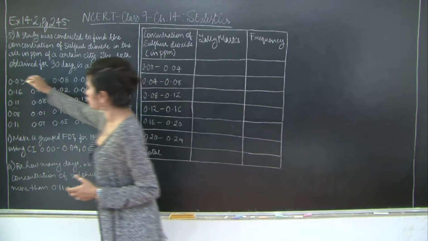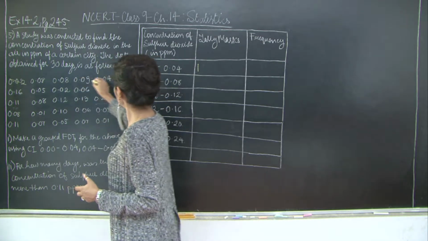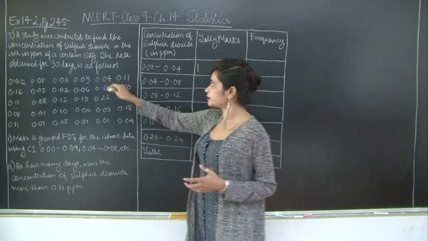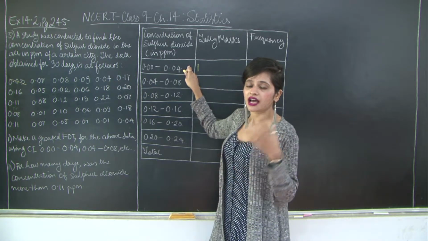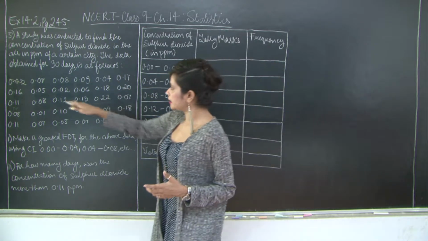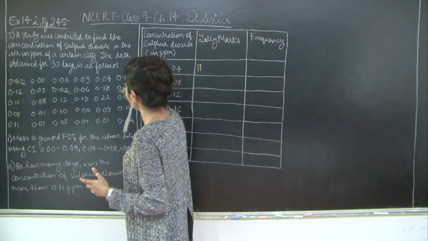Now 0.03, so I'll strike 1. Then 0.04. Do you think we should take this? No. Why? Because here we are going to take values only up to less than 0.04. So this won't count. Let's proceed. Then you have 0.02, so another one.